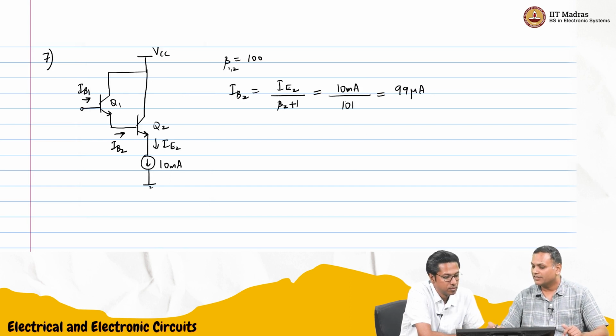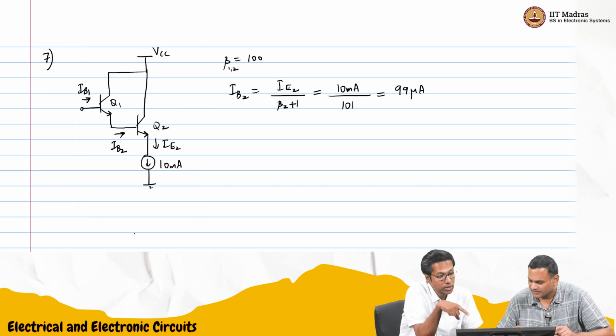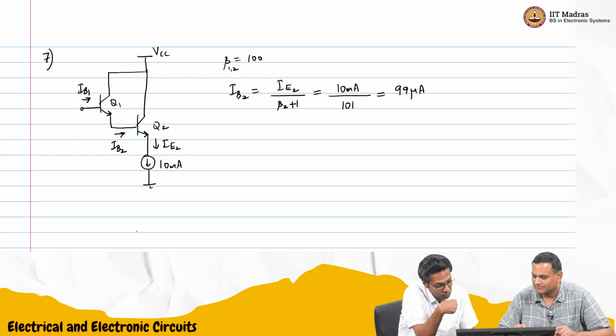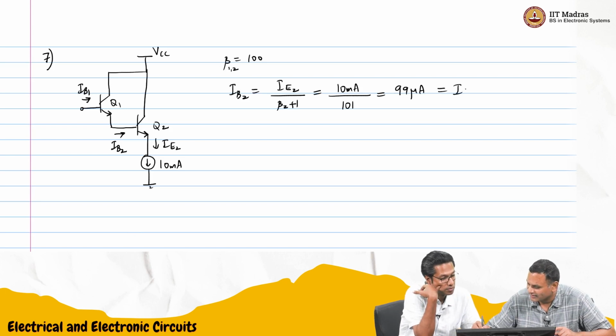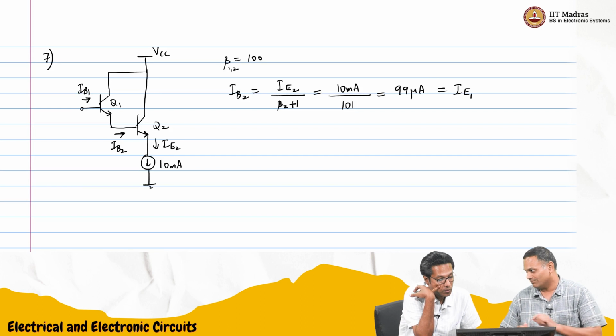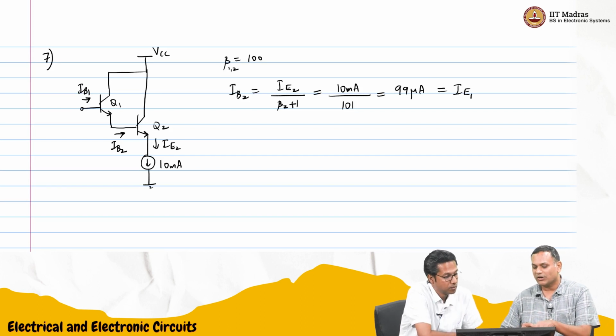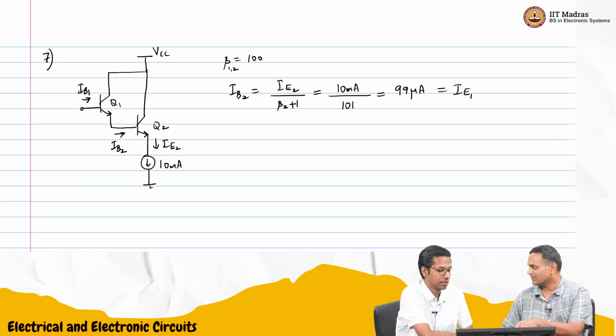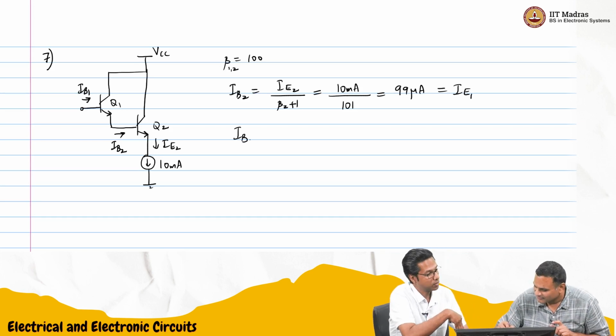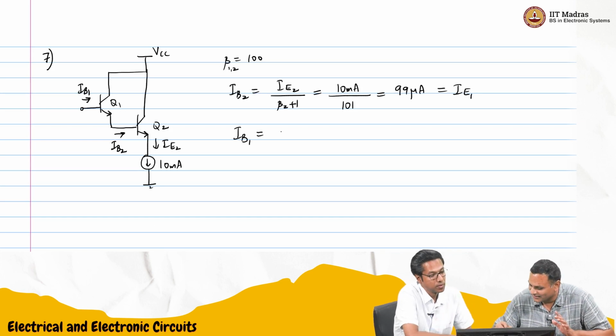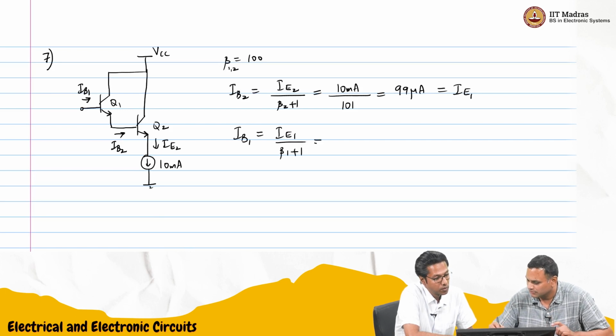If it were 100, we'd get exactly 100 microamperes. So this is the emitter current of Q1, this is IE1. Now IB1 we can find with the same expression, once again dividing by 101. So it is IE1 by beta 1 plus 1, and that is 99 microamperes divided by 101.